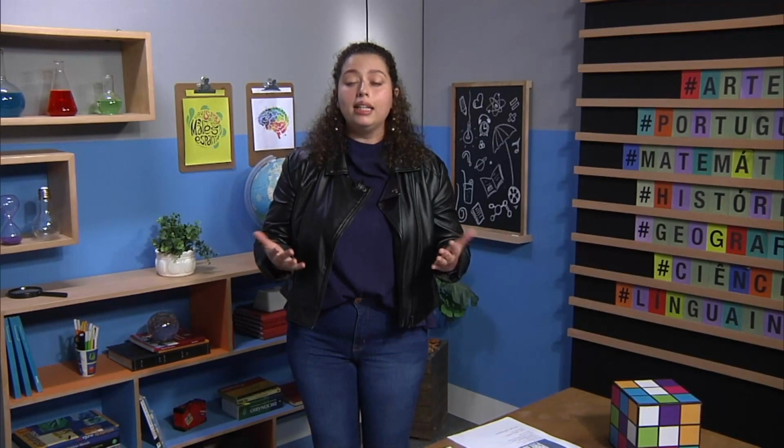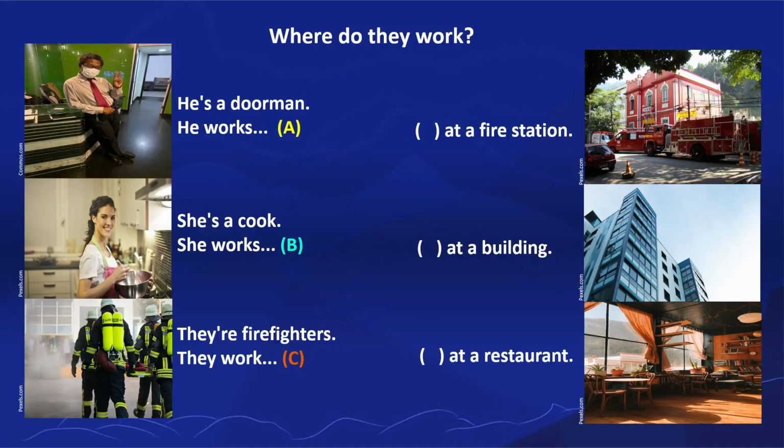Can you identify the workplace of these professionals? Pay attention. Where do they work? He's a doorman. He works at a fire station, at a building, or at a restaurant. What's the answer? He works at a building. Very good. Now let's go to the second professional.